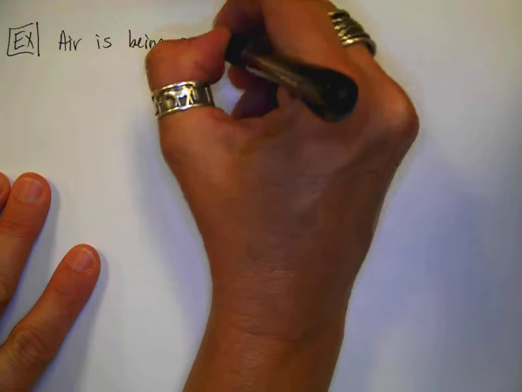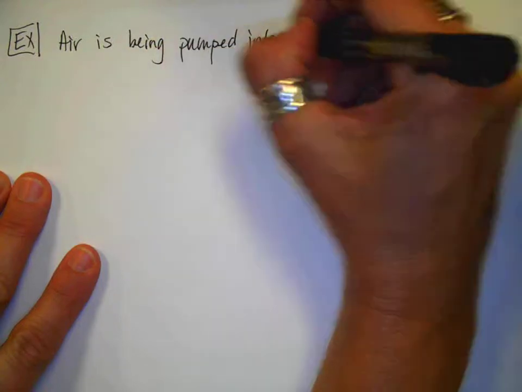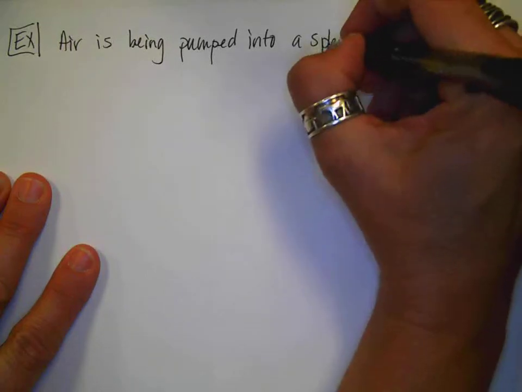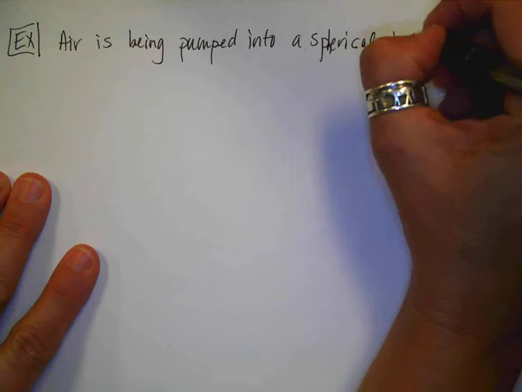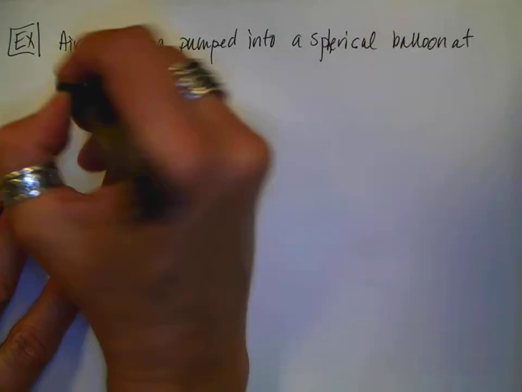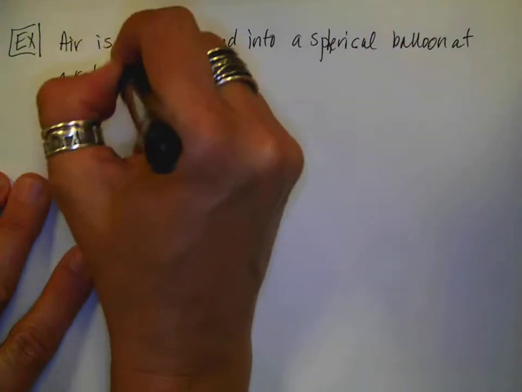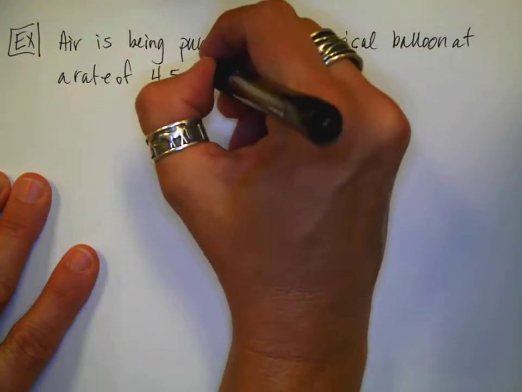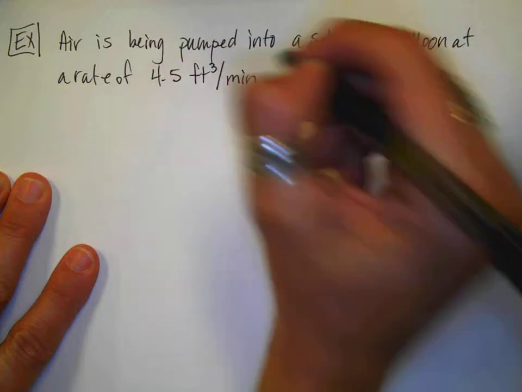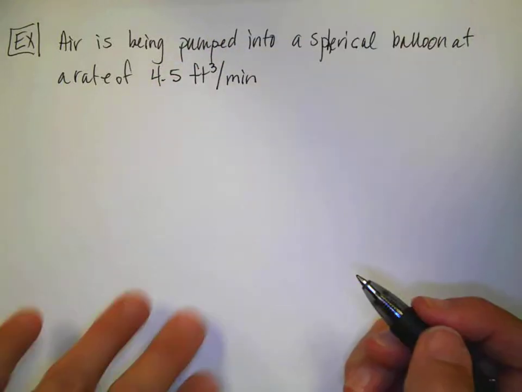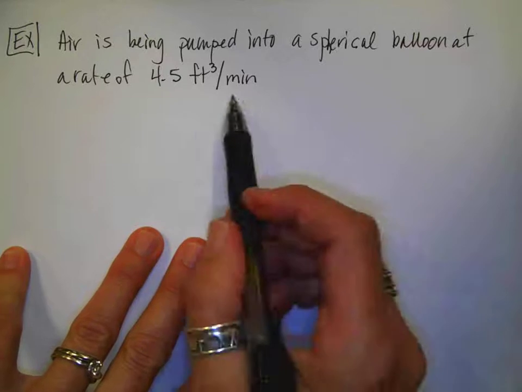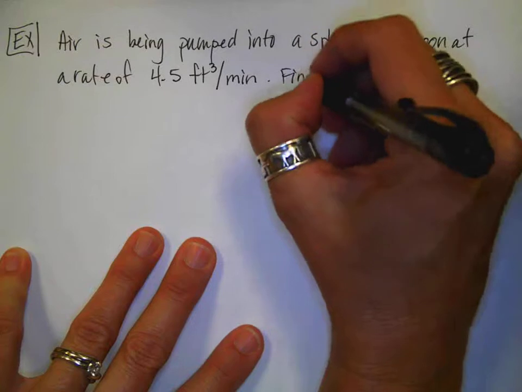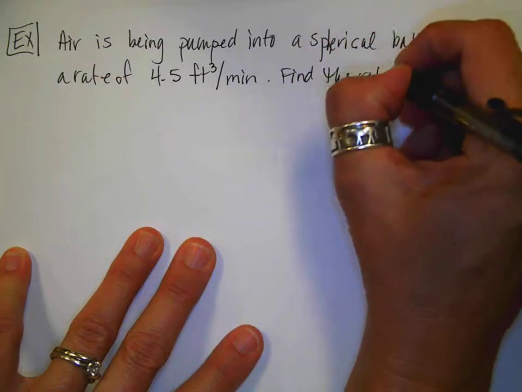This one says air is being pumped into a spherical balloon, at a rate of 4.5 cubic feet per minute. In the problem, I just wrote those words out, but in the essence of time, I abbreviated it, which is nice because that tells you what your rate is.